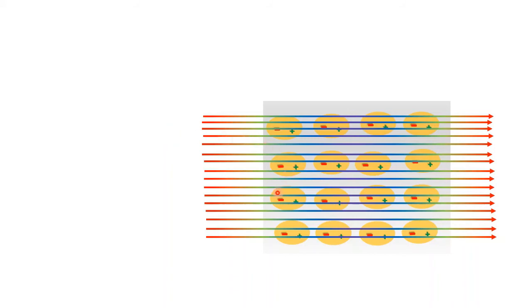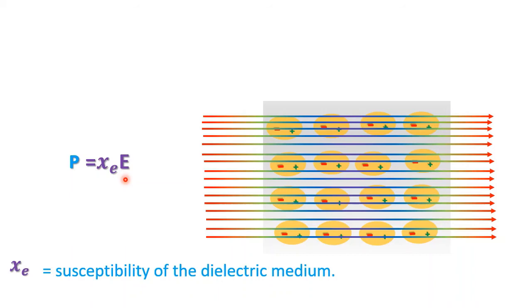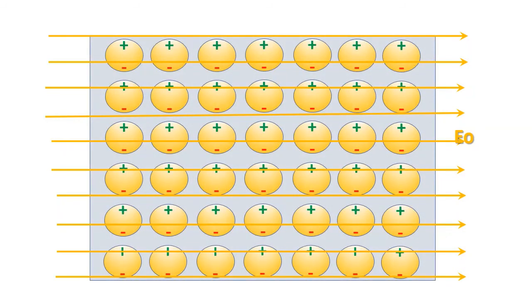The induced dipole moment is in the direction of the field and is proportional to the field strength E. The dipole moment per unit volume is represented by the letter P. P is equal to a constant times E. The constant is known as the susceptibility of the dielectric medium, that is, P = chi E. Let us consider an electric field E0, in which a non-polar dielectric is placed.